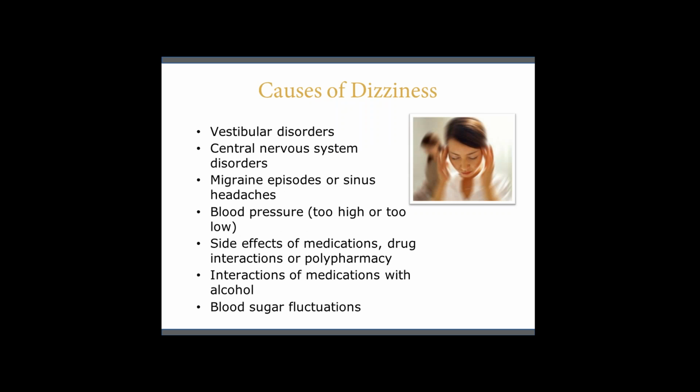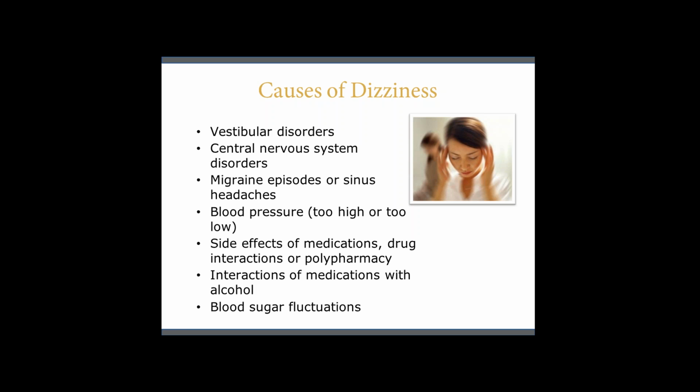There are other causes of dizziness besides the vestibular system that we want to consider and rule out in people complaining of dizziness. Of course, there are the vestibular disorders. That's part of our assessment. Other things that can cause dizziness are disorders of the central nervous system, like Parkinson's, MS, history of stroke, things like that.